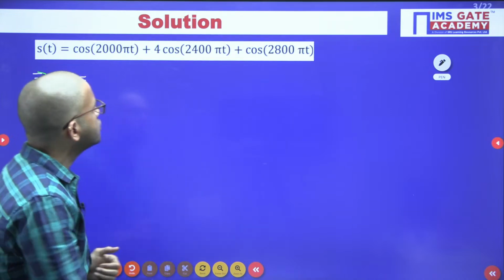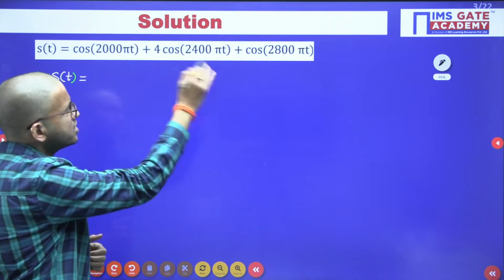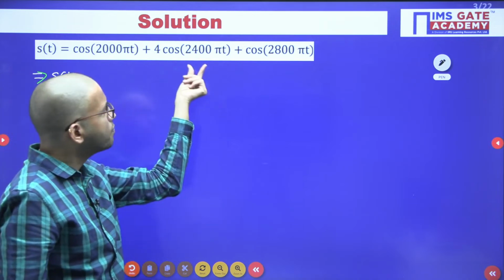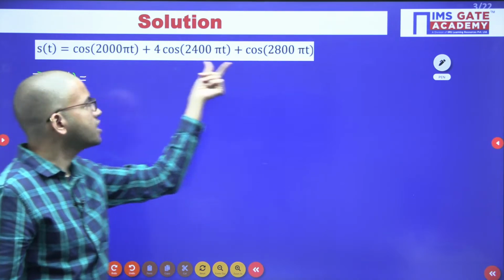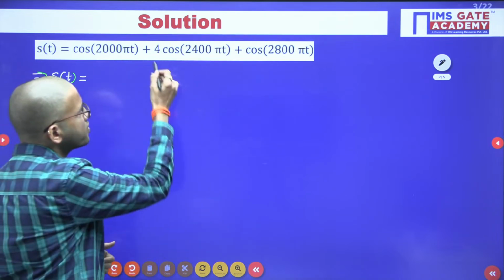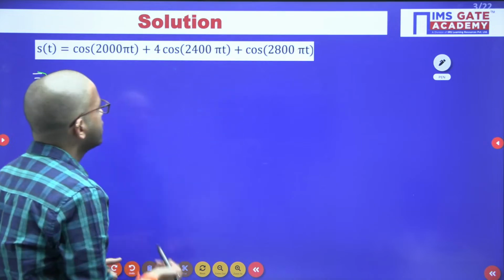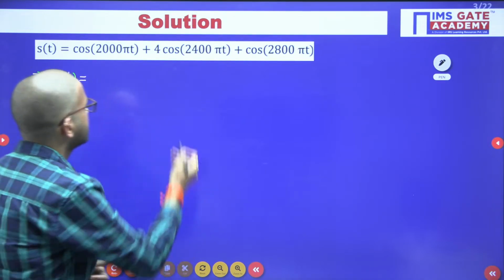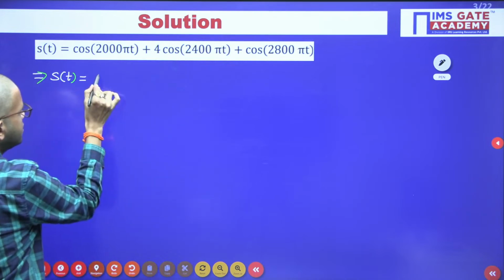Among these three, 2400 pi is the intermediate. Compared to one it is greater, compared to the other it is smaller. So this term we can keep as it is. Why I am keeping this term as it is, you will come to know in some time.